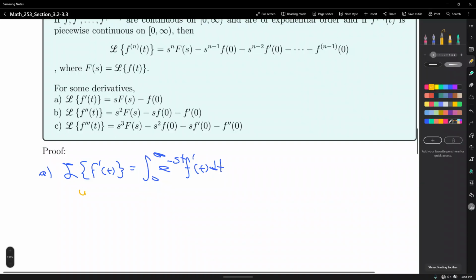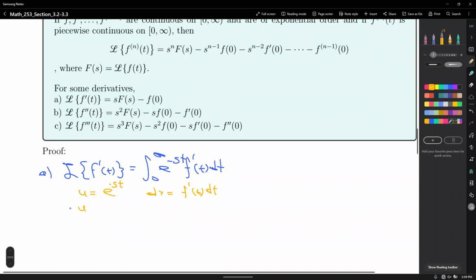So u equals f prime of t. No, wait, the exponential. If we go LIATE here, we don't know what f prime of t is, right? So in this case, I'm going to take u as e to the negative st. That means dv will be f prime of t dt.